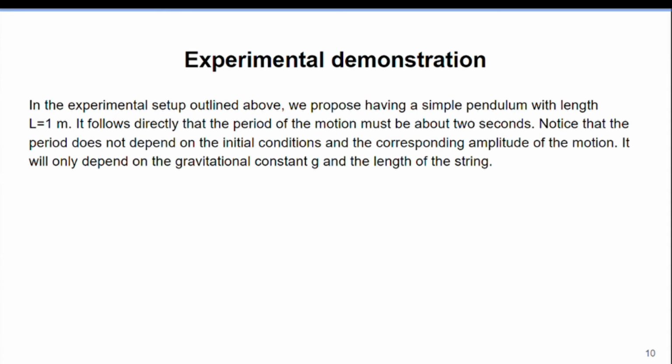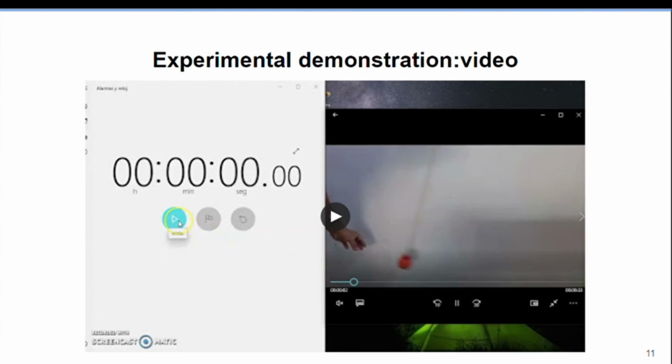Notice that the period does not depend on the initial condition and the corresponding amplitude of the motion. It will only depend on the gravitational constant g and the length of the string. Here we have the experimental demonstration video.